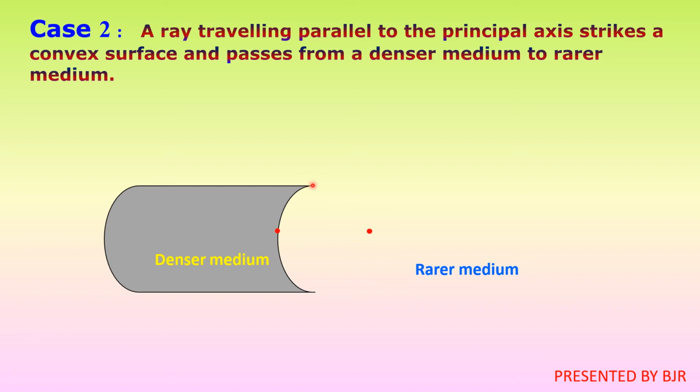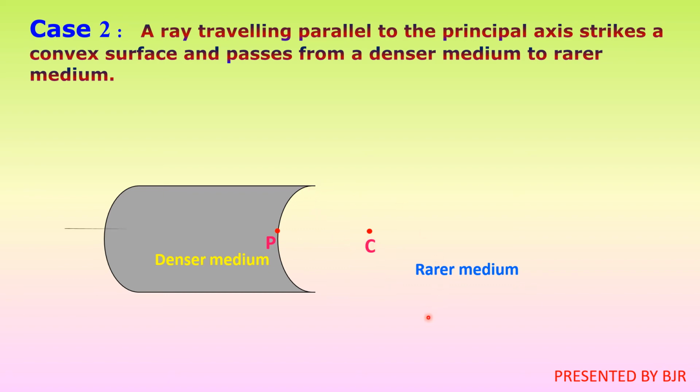We should not tell which one is the concave surface and which one is the convex surface like this. We have to say which one is the concave and which one is the convex with respect to the incident ray only. With respect to the incident ray only, we have to say that surface is convex and that surface is concave. Okay. Now, so first this is P, pole, and C, center of curvature.